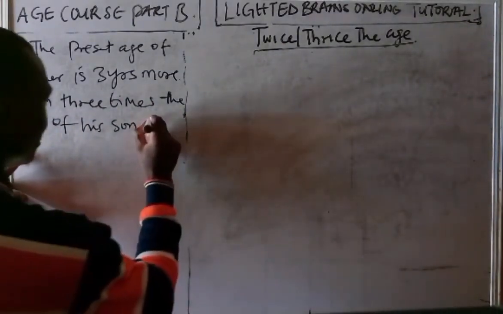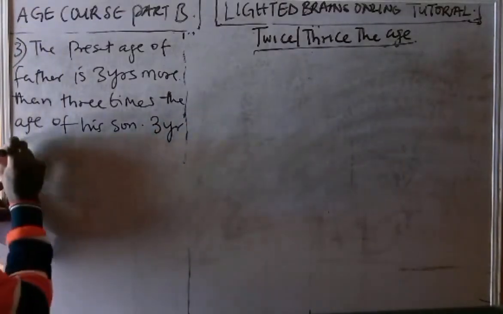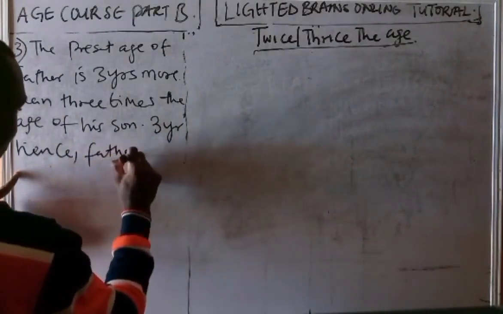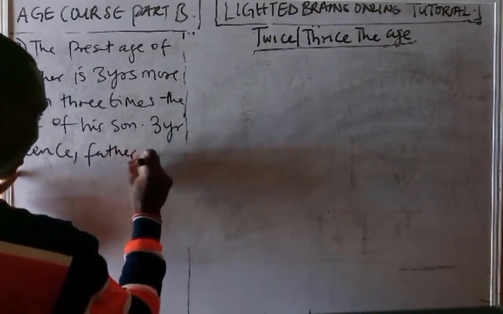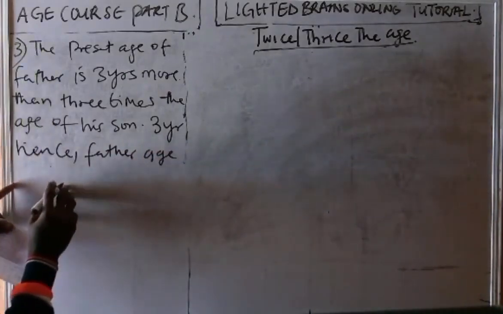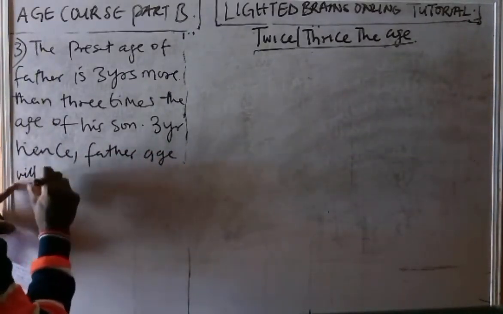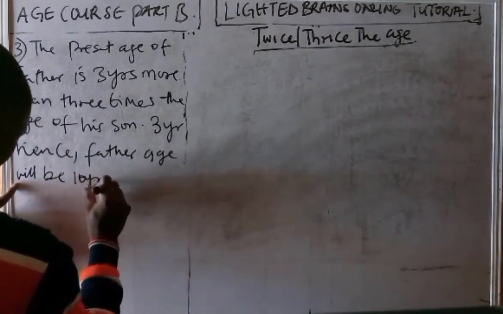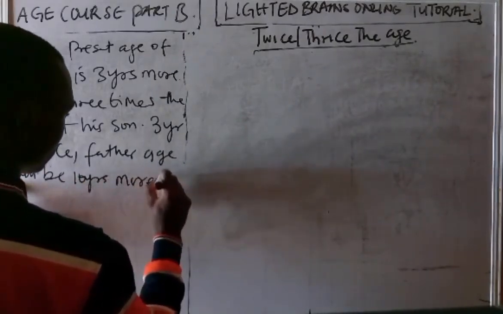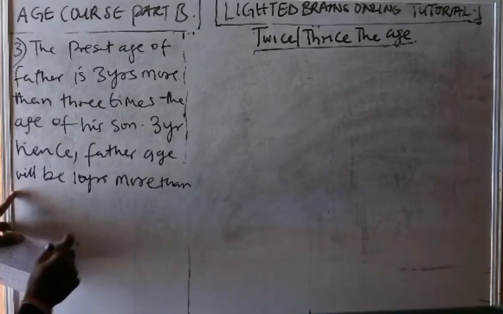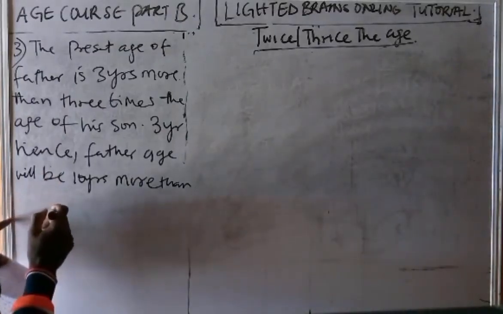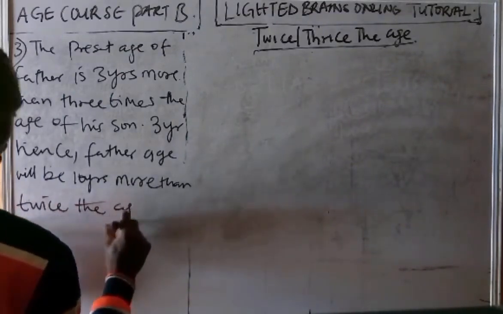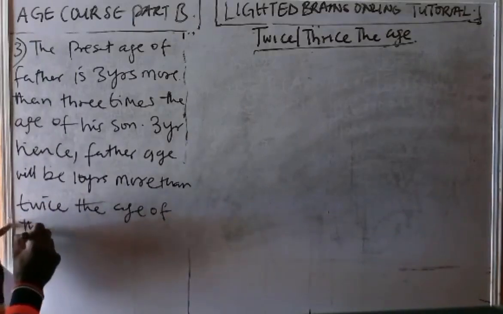Do you understand? And let's say 3 years hence, the father's age will be 10 years more than twice the age of the son.